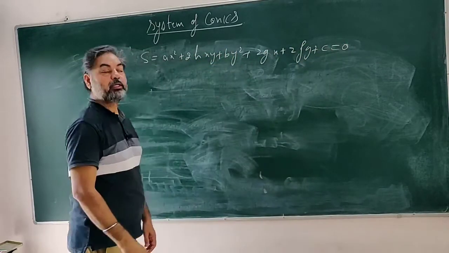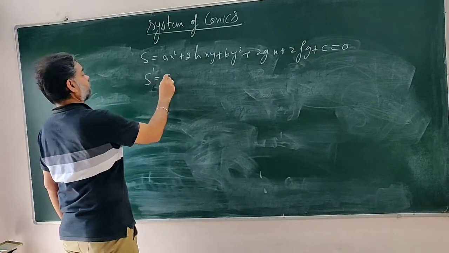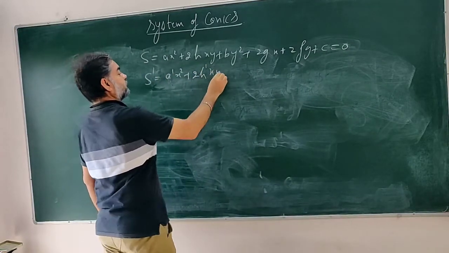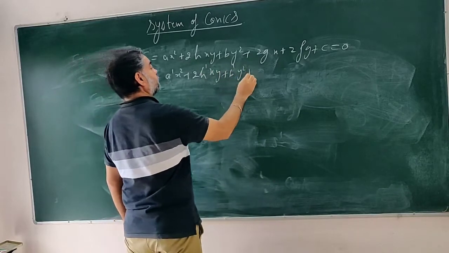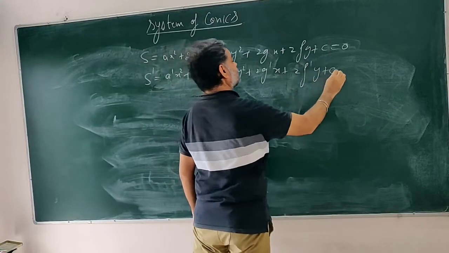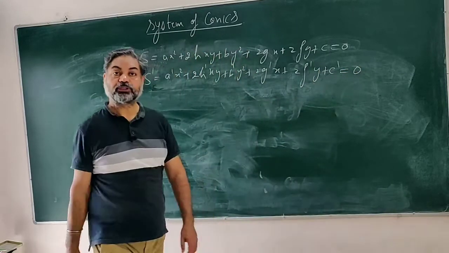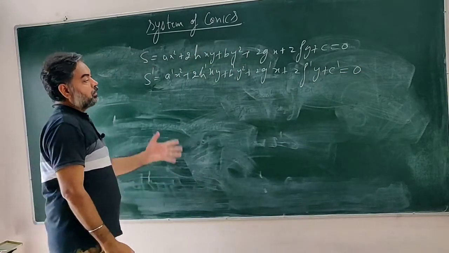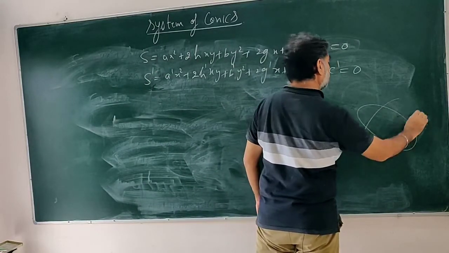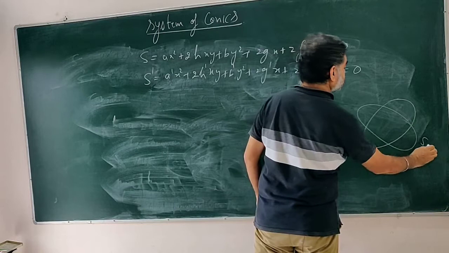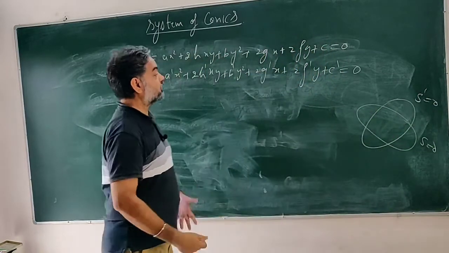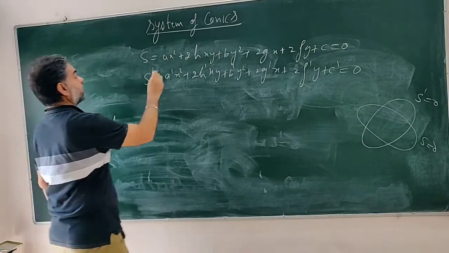Suppose this is one conic, and suppose a dash x square plus 2h dash xy plus b dash y square plus 2g dash x plus 2f dash y plus c dash equal to 0. Suppose this is the other conic. So these conics can intersect at how many points? S equal to 0 is one conic and S dash equal to 0 is the other.